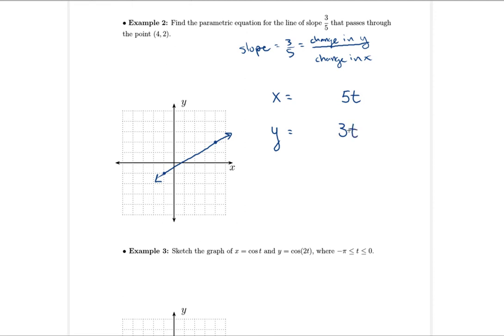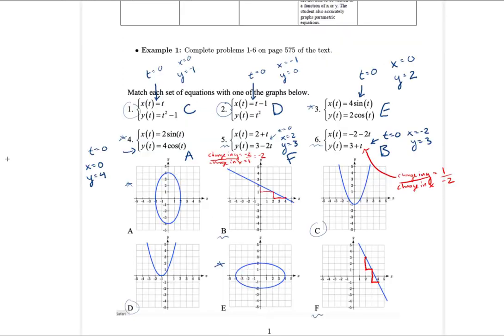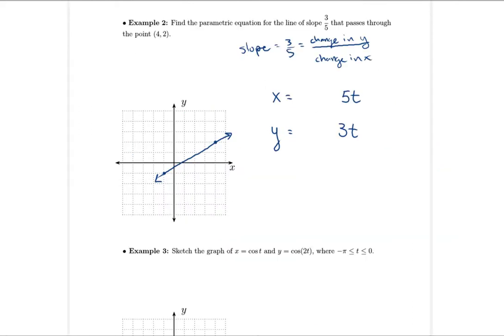Okay. Now, again, going back to the previous page, though, remember the first way we determined which was which with 5 and 6 was we plugged in t equals 0, and notice that gave us the point (2, 3), and in this one it gave us the point (-2, 3). So in other words, these values out here that are constant, that don't have a t with them, they are giving us a point on the line. So the fact that our graph goes through the point (4, 2) means that I can grab the x value and let that be the constant in this formula.